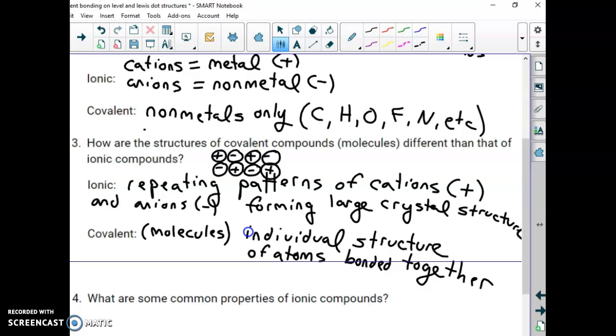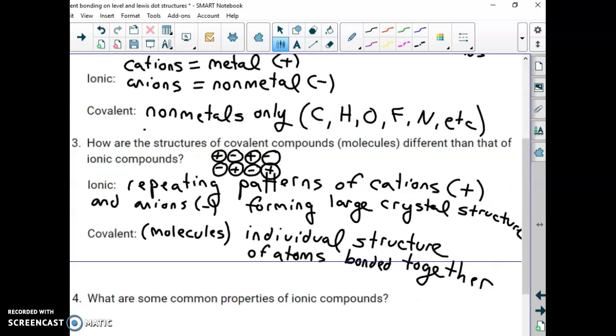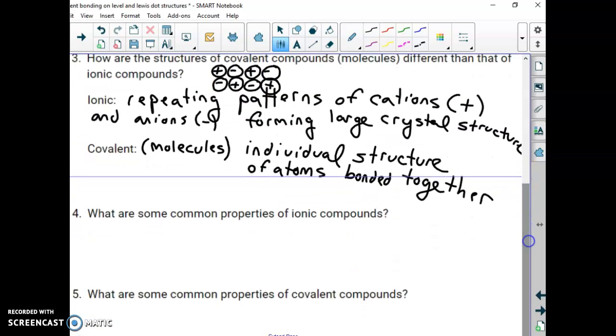So, last bit that we want to talk about is properties here. So bump that back. So common properties, first of all, for ionic compounds, think about table salt. They are generally solids at room temperature.